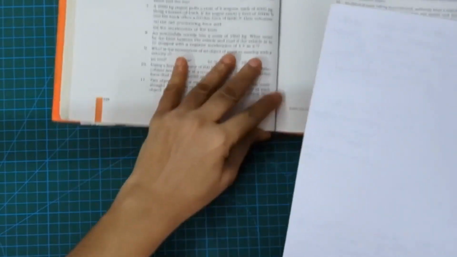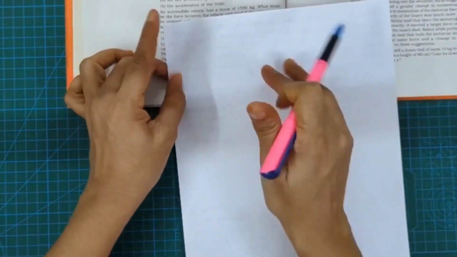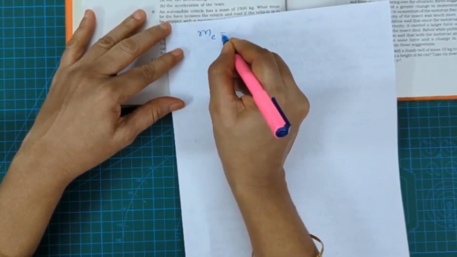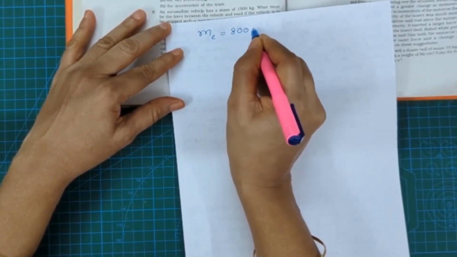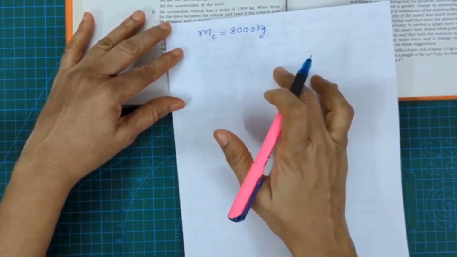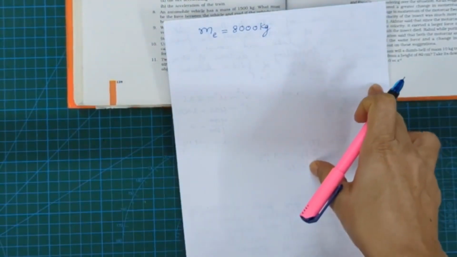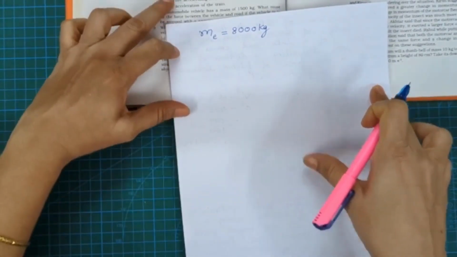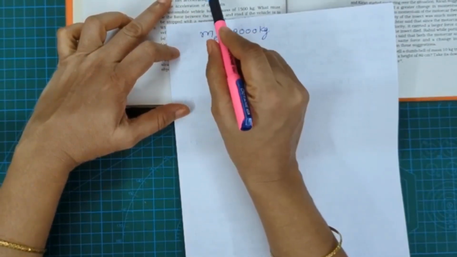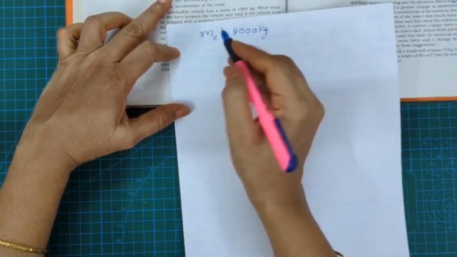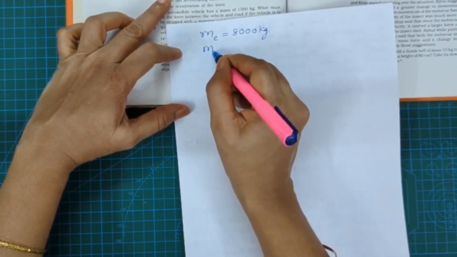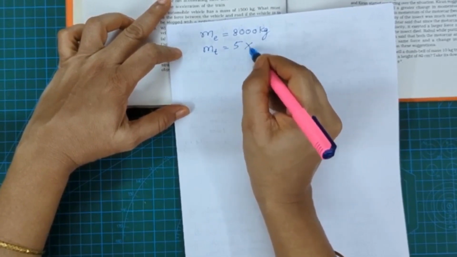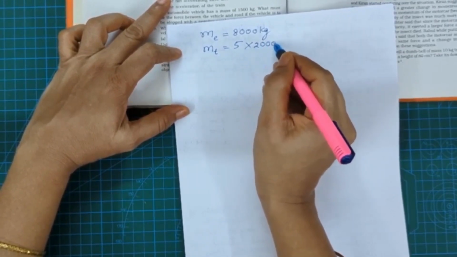So that's the question that is written here, and we can solve it in this space. All the things that are given to us, I'm just collecting the details. So what is the mass of the engine? Mass of the engine is 8,000 kilograms. Let me check whether this space is visible in the camera or not. Yes, it is. The engine pulls a train of 5 wagons, and each wagon is of mass 2,000 kilograms.